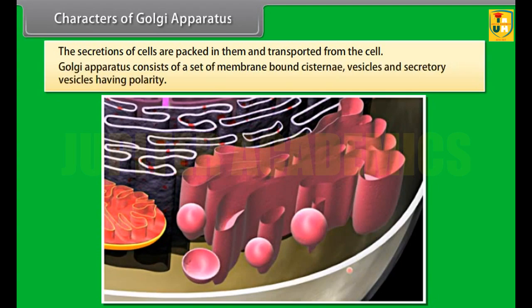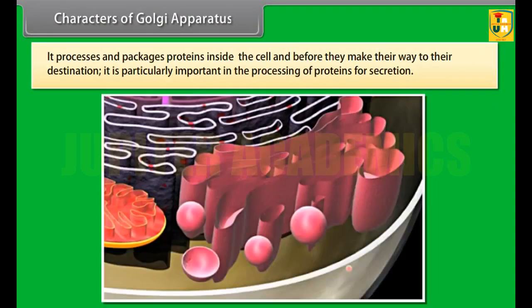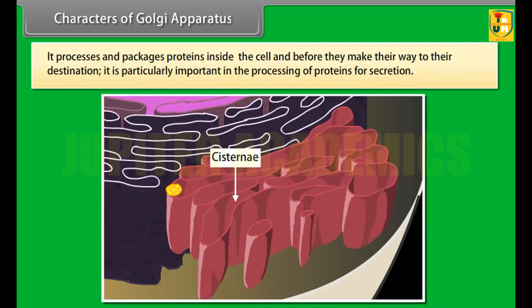Golgi apparatus consists of a set of membrane-bound cisternae, vesicles, and secretory vesicles having polarity. It processes and packages proteins inside the cell, and before they make their way to their destination, it is particularly important in the processing of proteins for secretion. Characters of lysosomes.